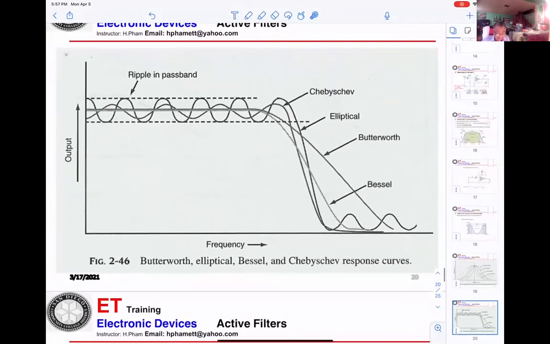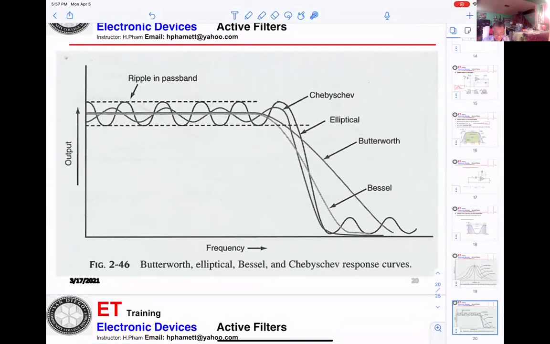And sometimes they can ask you about the output of the low pass filter, with different engineering designs: Bessel, Butterworth, elliptical, and Chebyshev. So which one do you think is a good one? First thing you need to understand is this one here, they call a ripple. That means the noise.